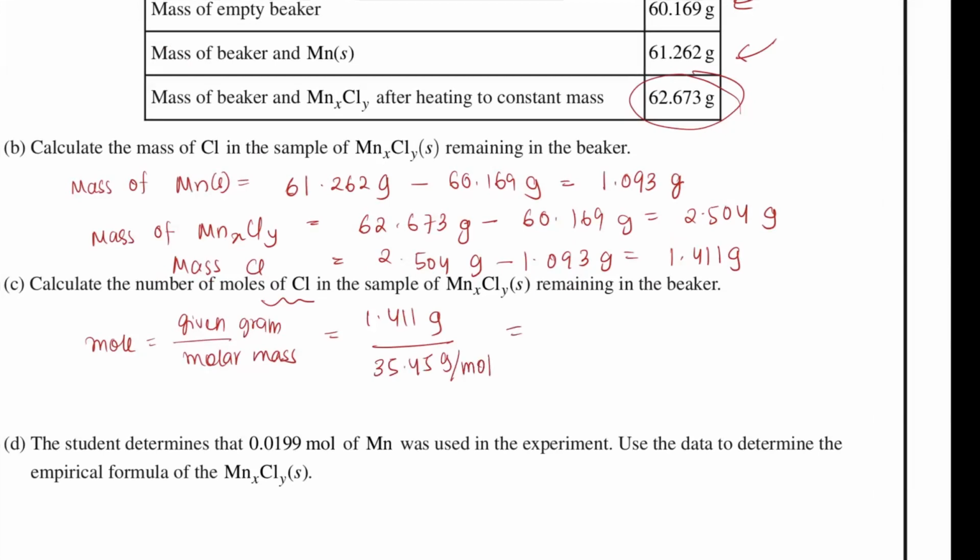And we're going to get 0.03980, because we want to be exact with the sig figs, it's going to be 4 sig figs, so it's just going to give one more zero there. There we have the moles of chlorine.